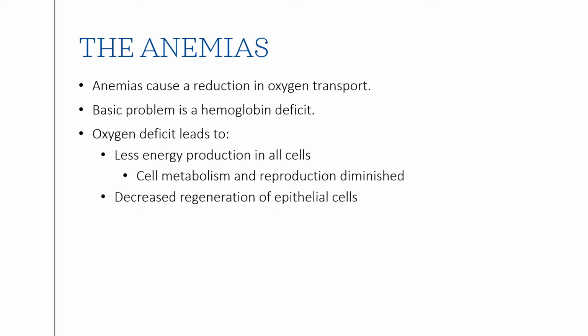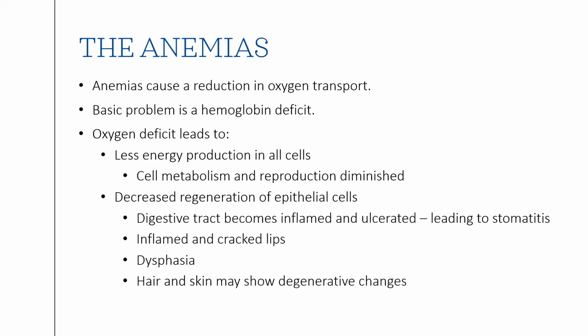We have epithelial cells. They're a living tissue. They will die off after a certain time. And so in order for those cells to regenerate, again, they need nutrients and oxygen in order to make new tissue. So if you think about that for a second, the digestive tract will start to become inflamed and ulcers will start to develop, leading to stomatitis.